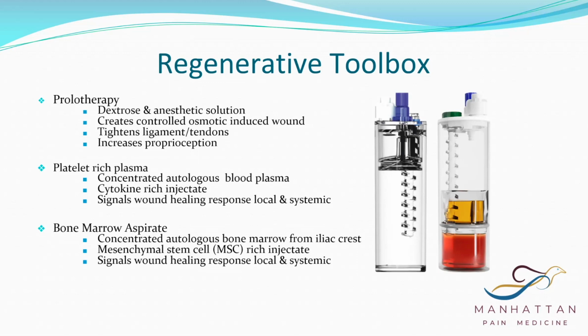One of the interesting newer uses of prolotherapy is what's called neuroprolotherapy, where we'll actually go in and put the dextrose solution in a lower concentration around nerves, such as the median nerve.